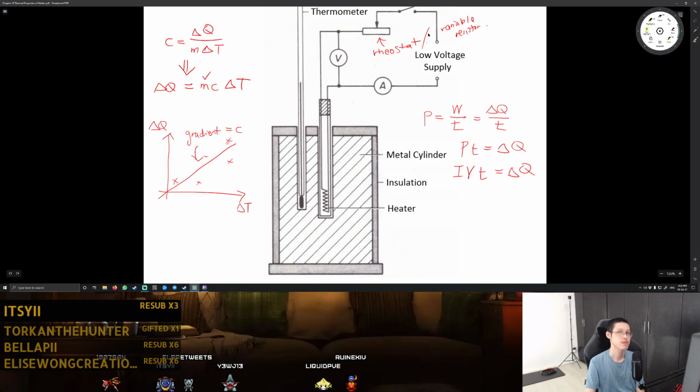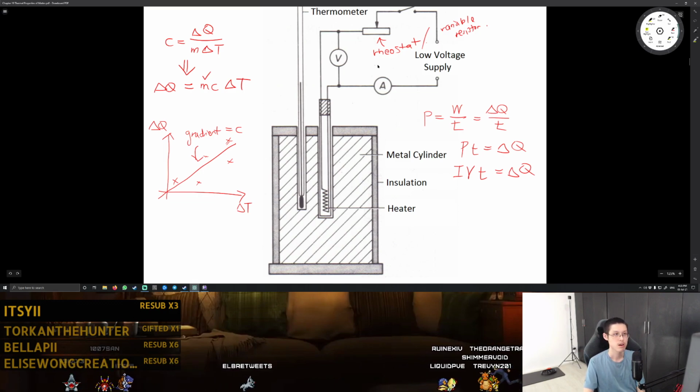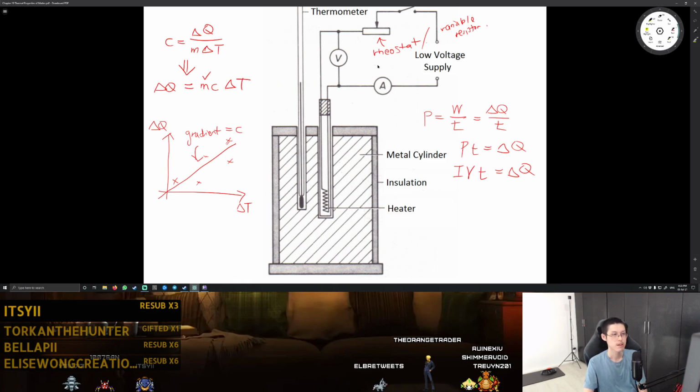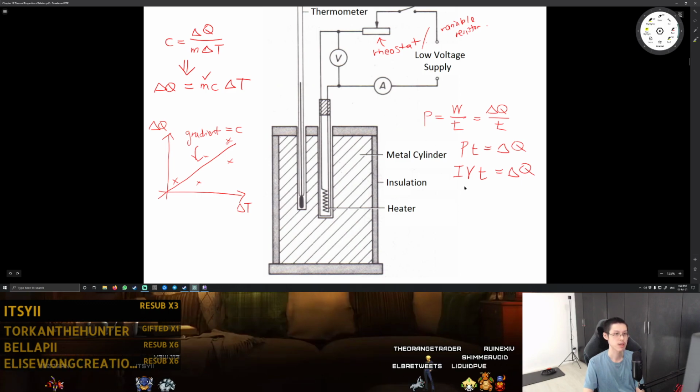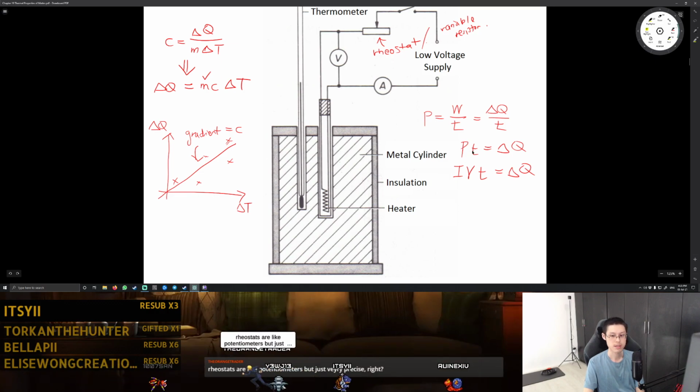The reason you want a variable resistor is because as your experiment goes on, the wires are going to heat up, which means the resistance of your system is going to go up, which means your current is going to drop, okay, which is going to affect this I here. So as you're carrying out the experiment, you should subtly adjust the rheostat to make sure that the current stays constant. Okay, because you want the power to be constant so that you can get P times T.